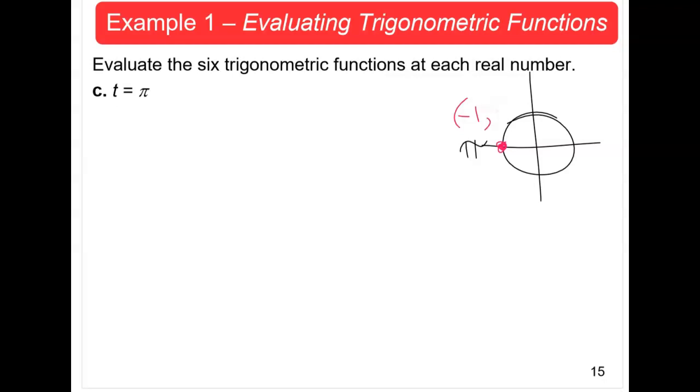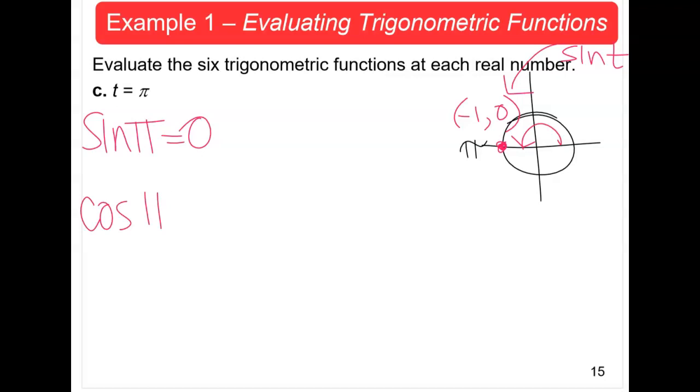And the y value will happen to be 0. So based on that, remember the y coordinate is representing sine of that angle, and it happens to be pi. And the x coordinate is representing the cosine. So let's start. So sine of pi is equal to 0, the y coordinate.